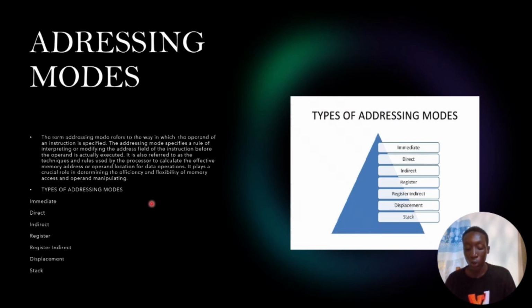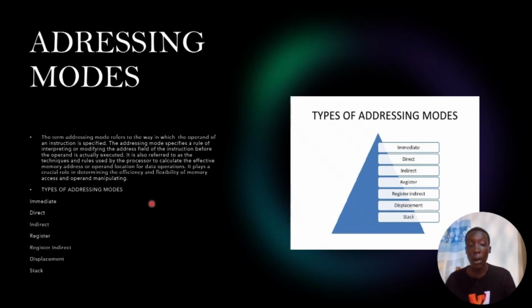It is also referred to as the technique or rules used by processors to calculate the effective memory address or operand locations for data operations. It plays a crucial role in determining the efficiency and flexibility of memory access and operand manipulation.